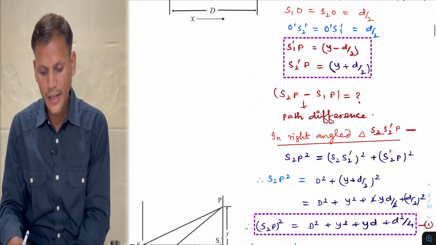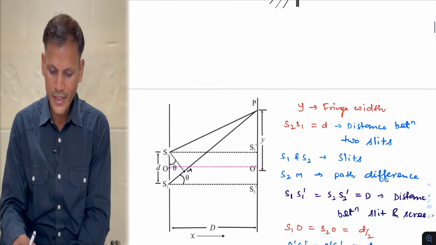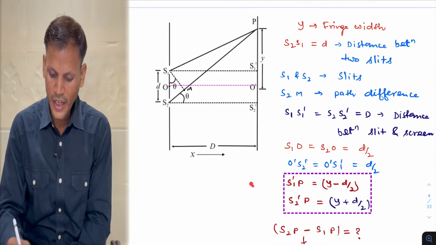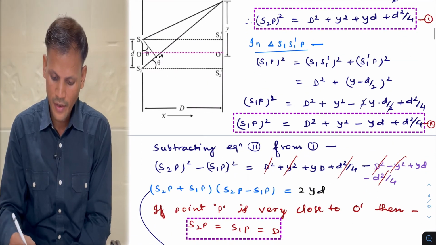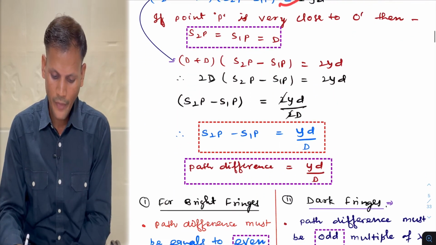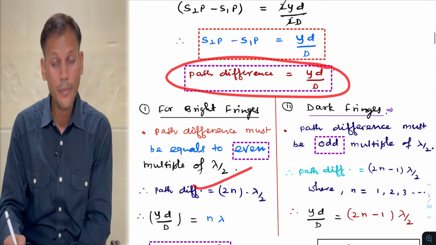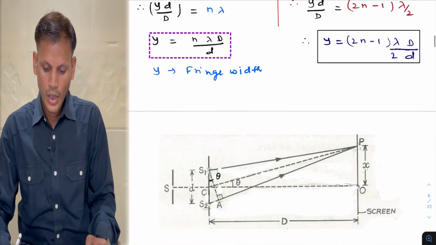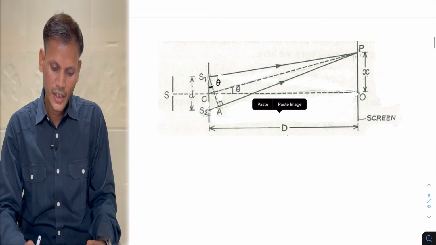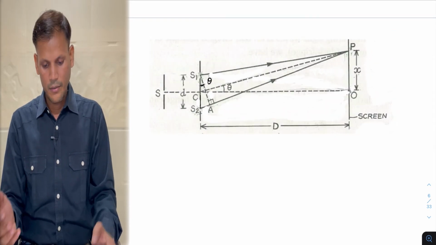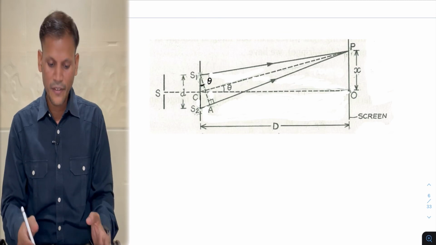Now, this derivation is a little bit lengthy and we can do it in 2 to 3 steps. I will do it till the path difference, because the further part will be the same. So we have an alternate method. From this diagram I can derive the path difference.